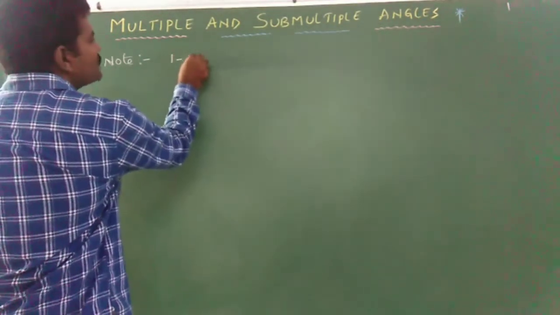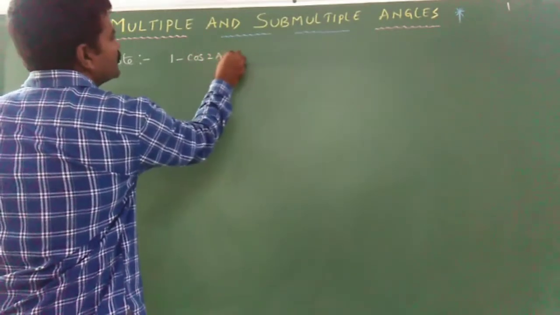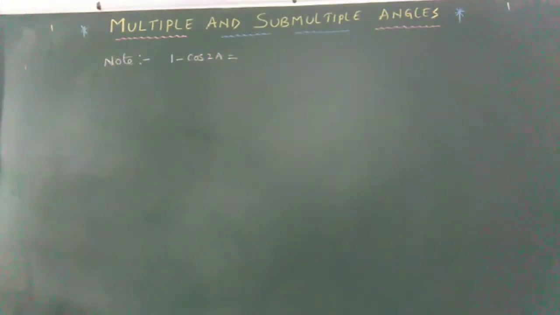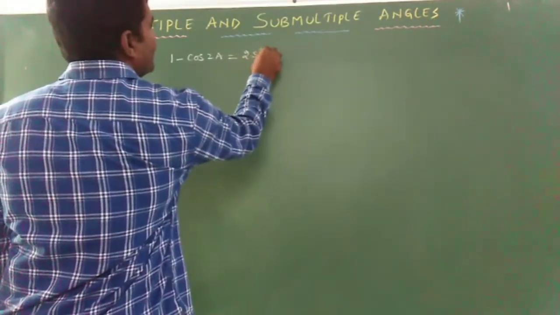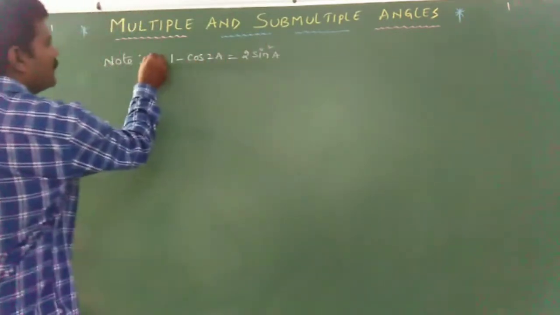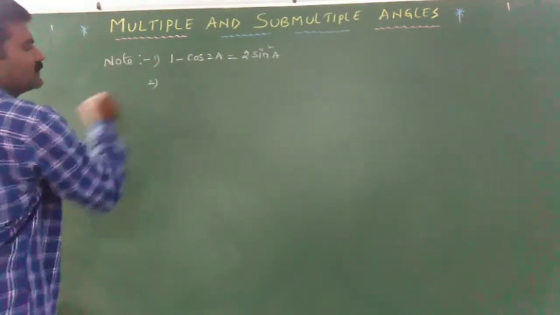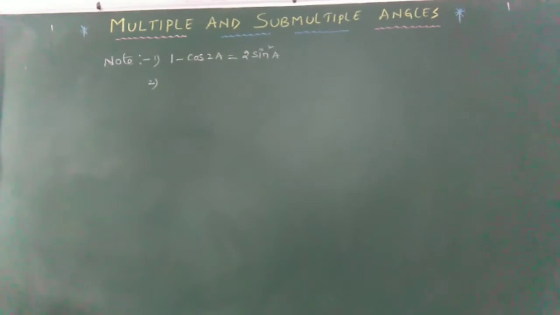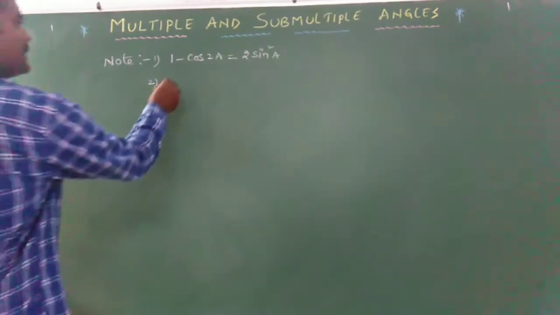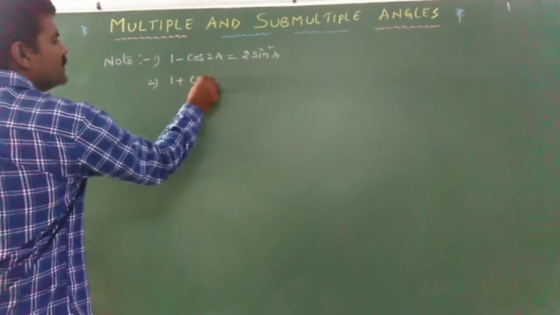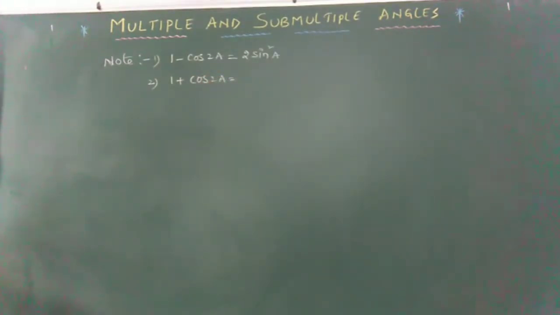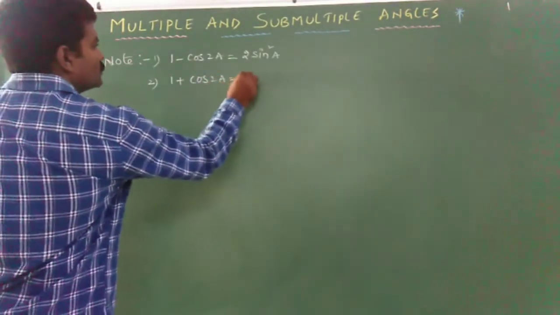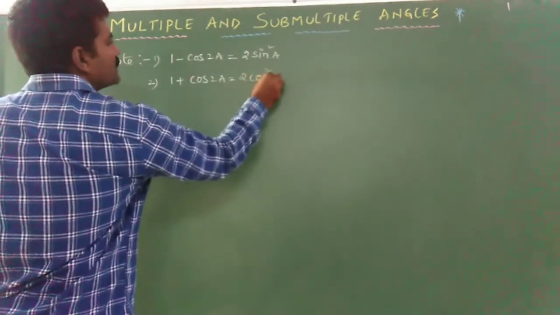See, 1 minus cos 2a can be written as 2 sin square a. Formula number 1. And formula number 2, if it is 1 plus cos 2a, then which is equals to 2 cos square a.